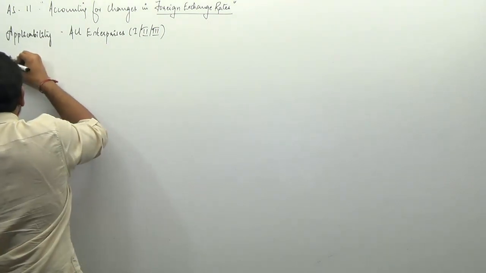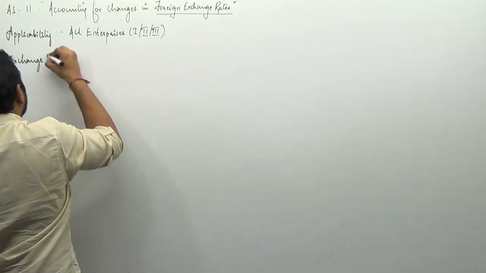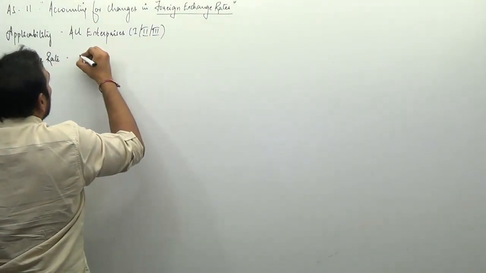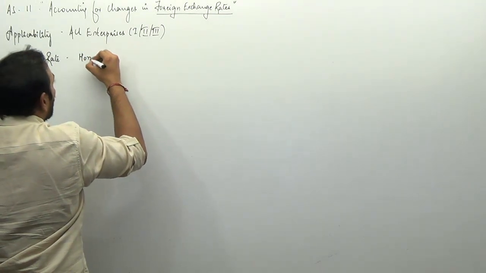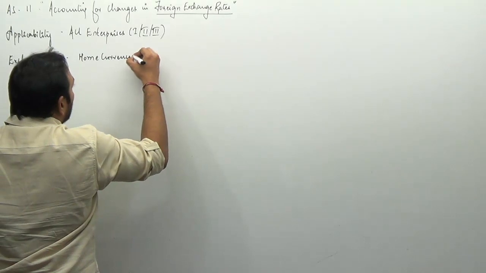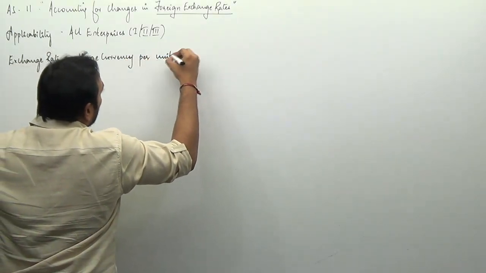How do you normally denote an exchange rate? Exchange rate is normally denoted as home currency per unit of foreign currency.